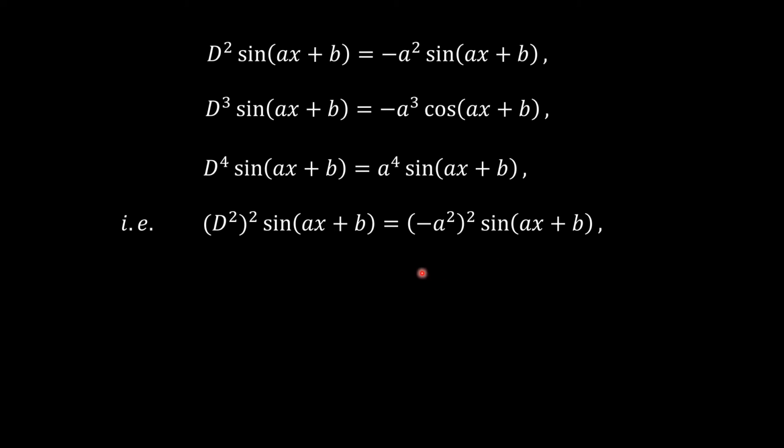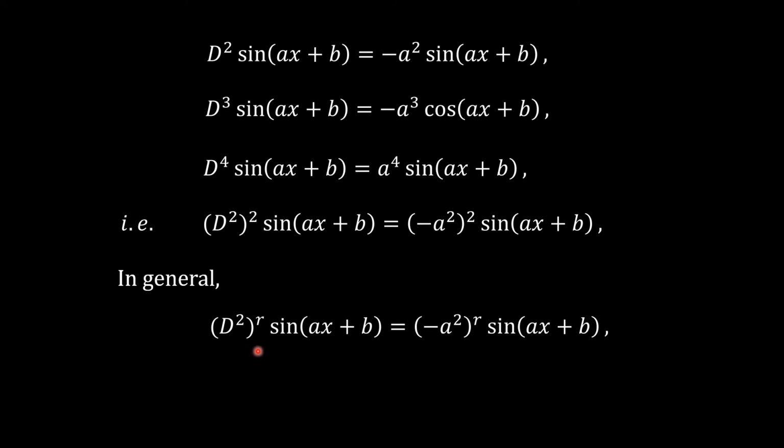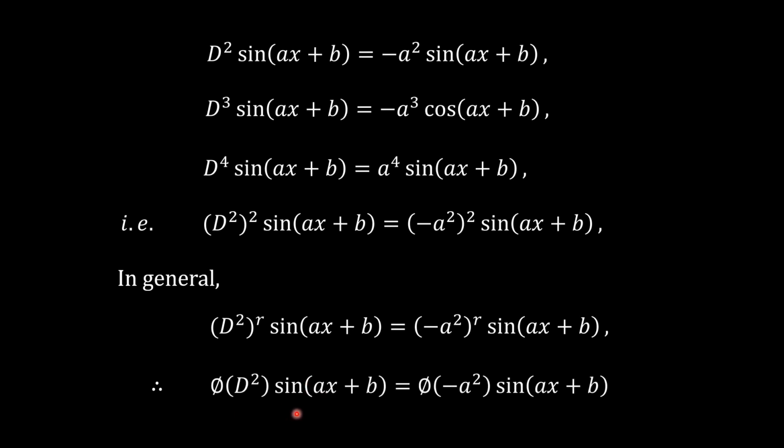If we compare the second order derivative and the fourth order derivative, we can generalize this and write D square raised to r of sine of ax plus b is equal to minus a square raised to r sine of ax plus b. We will take it to a more general form, and that gives us phi of D square of sine of ax plus b is equal to phi of minus a square of sine of ax plus b.